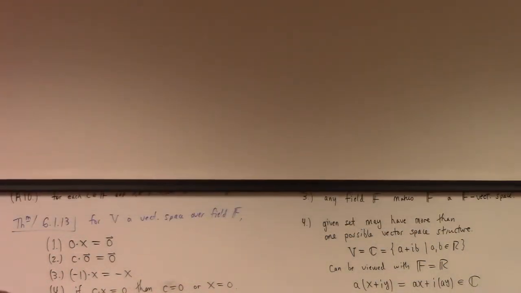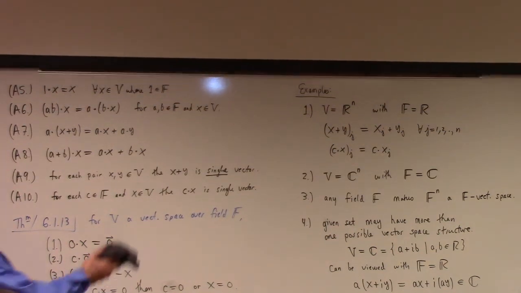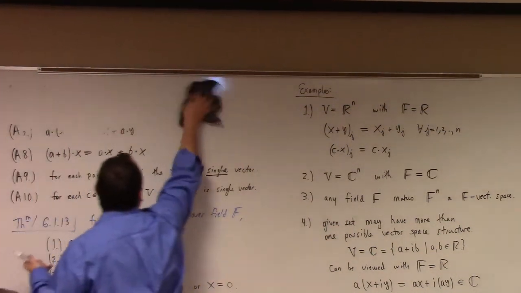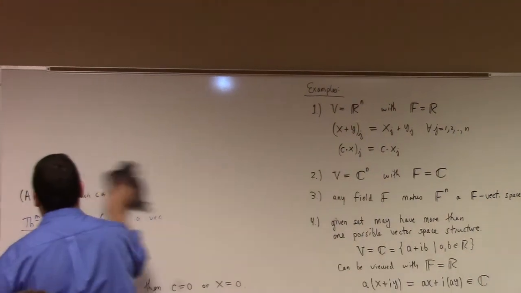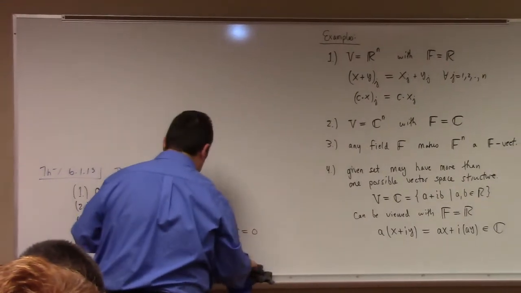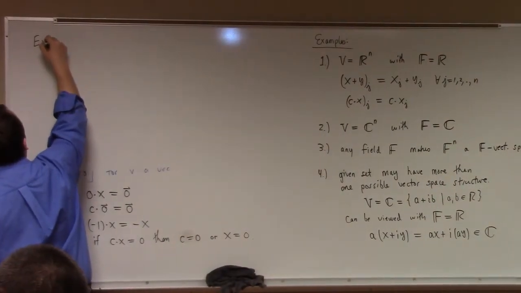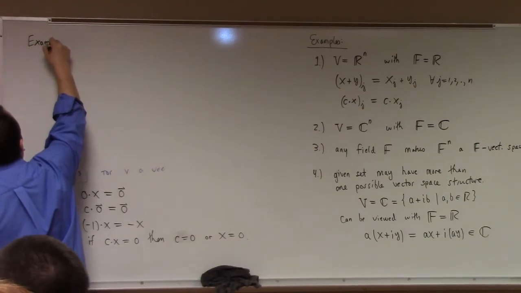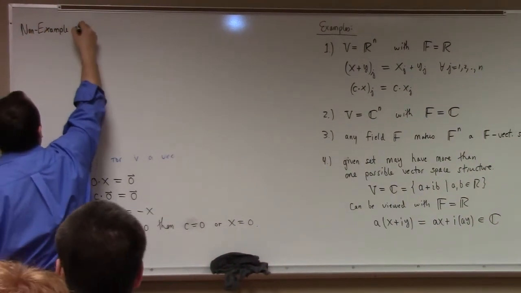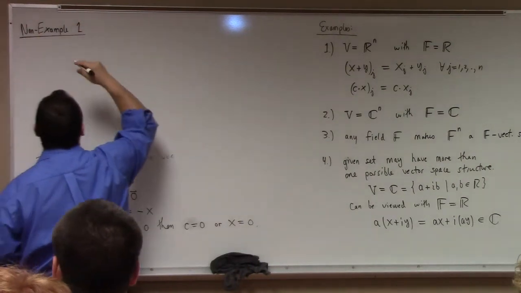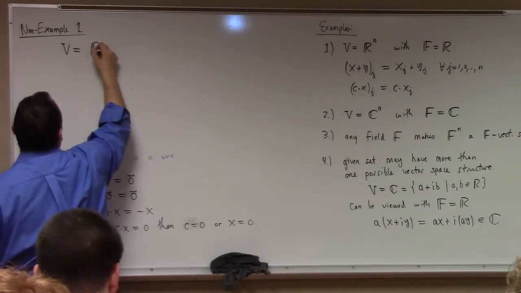So Dylan's question was a good one. How could a subset not be a subspace? All right, so let's look at an example. Well, non-example. It's my first non-example for today. So let V be 2 by 2 real matrices.